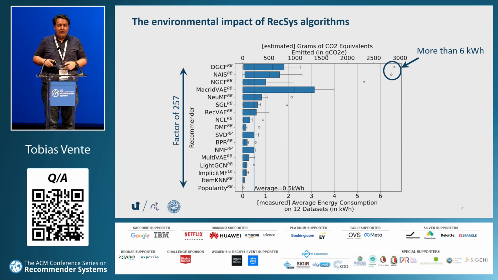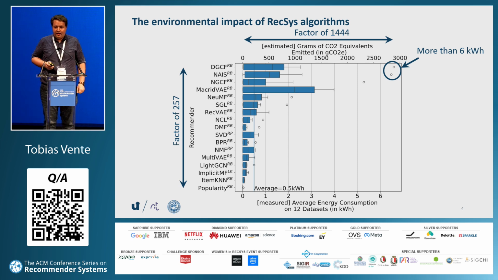When I say an algorithm run, I mean the training time, the prediction time, and the evaluation of the specific algorithm. These two circled dots represent one algorithm executed on one data set, so we can also read the impact of the data set selection. Based on the data set, there is a factor of 1,444.